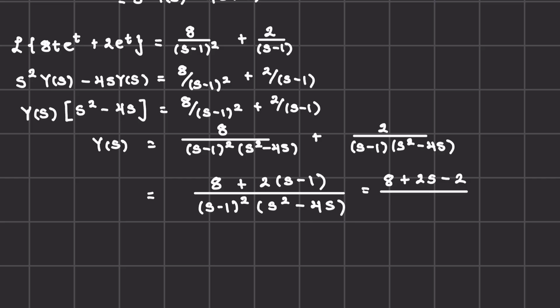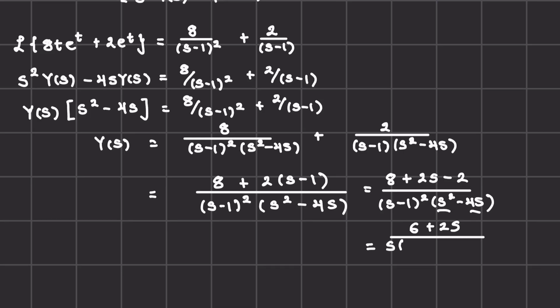Let's keep the denominator the same, (s minus 1) squared times (s squared minus 4s). Therefore, this simplifies to 6 plus 2s. And take a look at the denominator here. We have s and s, so we can factor out the s. Therefore, we have (s minus 1) squared times s times (s minus 4).